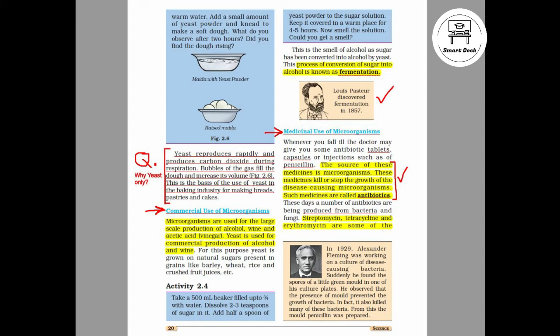These medicines kill or stop the growth of disease causing microorganisms. That is why they are called antibiotics. For example, streptomycin, tetracycline, etc. There are many more.